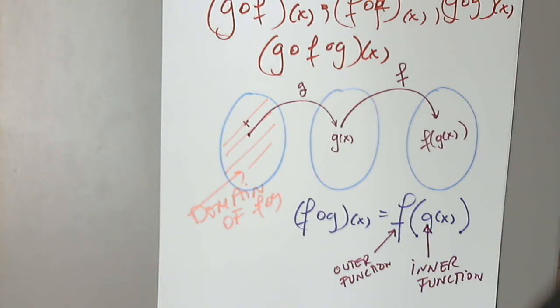Domain of g of x. The range, right? So this is a domain where x values come from, and this is where the y values come from. So this is g of x. These are the range values. Good. So this is domain for g, and this is range for g. But also, this set is what for f? Right, that's the problem.